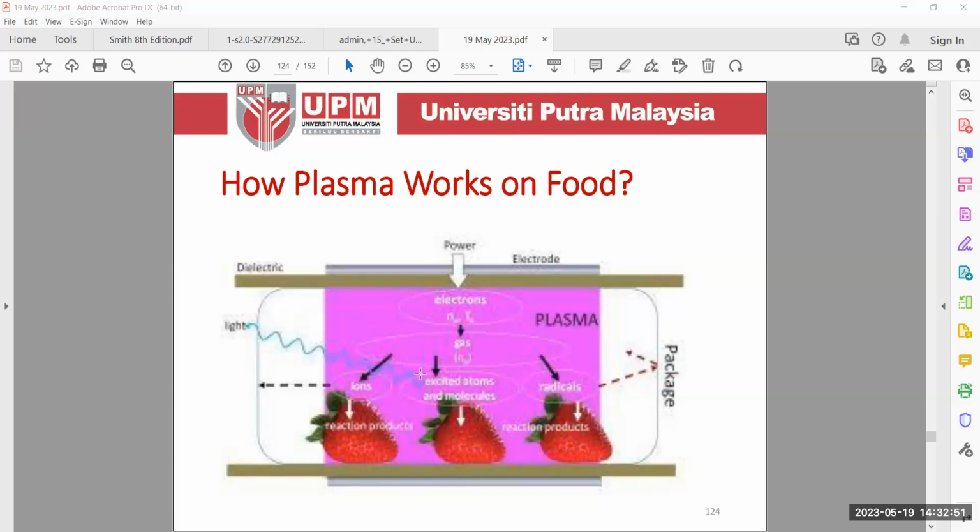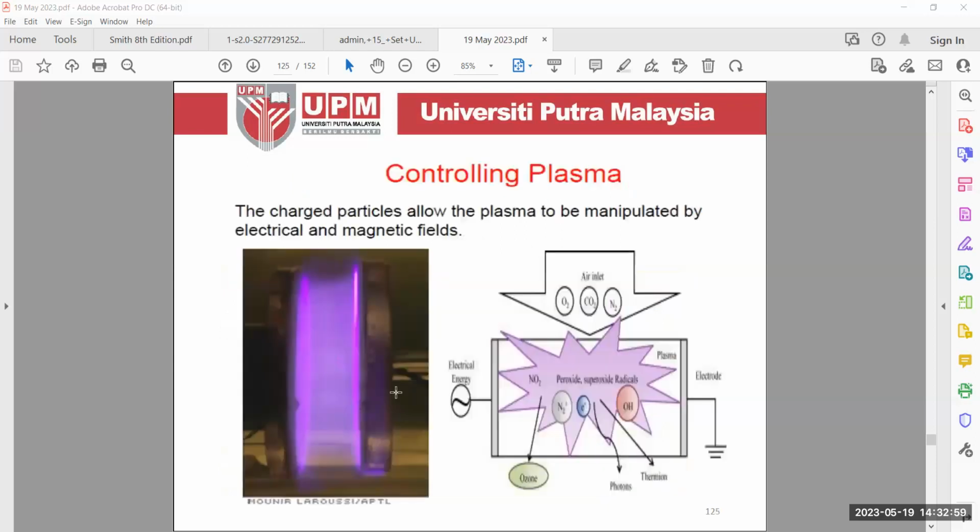So you would have this. So at the moment, it is used to surface decontaminate food product, okay? And the charged particles allow the plasma to be manipulated by electrical and magnetic fields, so it gives out this color, okay? So for plasma, it gives out a color that is distinguishable.